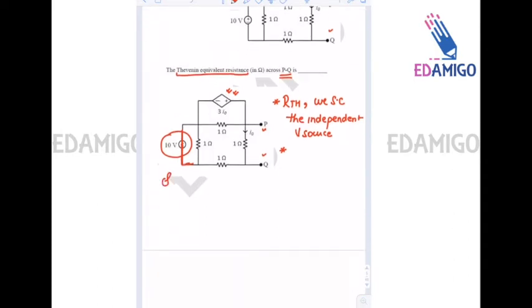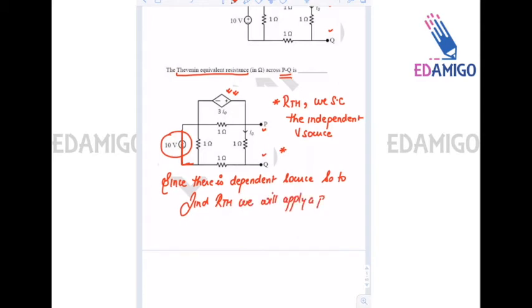Since there is a dependent source, to find RTH we will apply a battery between the PQ terminals.